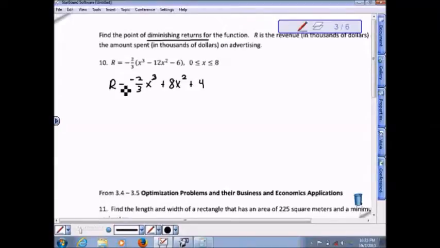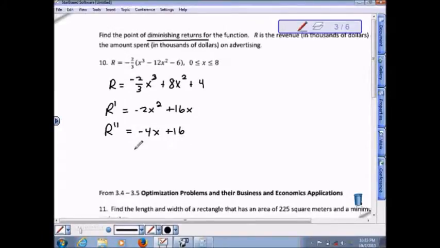So this is what R is equal to. R prime then is negative 2x squared plus 16x. And the second derivative is negative 4x plus 16.